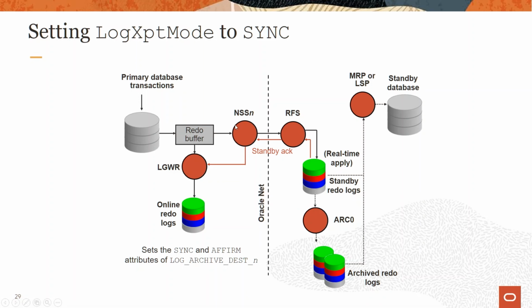And then we can complete the commit statement. So it's a synchronous redo shipping over the network. So it will affect your primary database transaction performance, because we have to wait until the message is delivered to the physical standby, and also the message is returned back to the primary database.